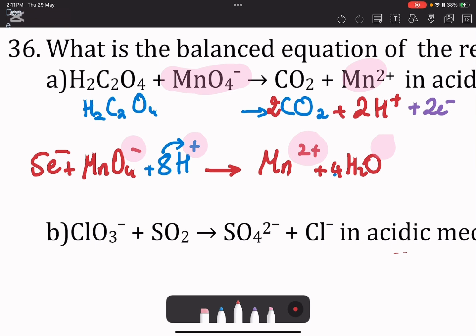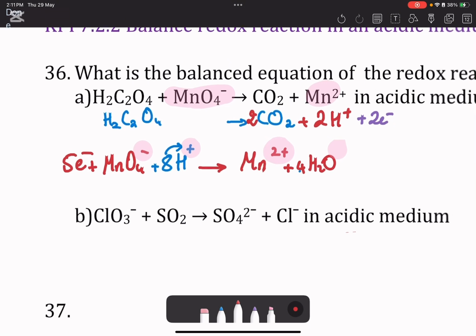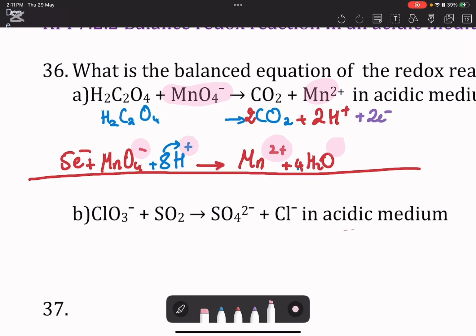Now, you're in the last step. After doing the oxidation and the reduction, you look at the electrons lost and gained, and you multiply by the greatest common factor, or here I multiply by 5 because here there's a 5, and here I multiply this equation by 2 because here there's a 2.